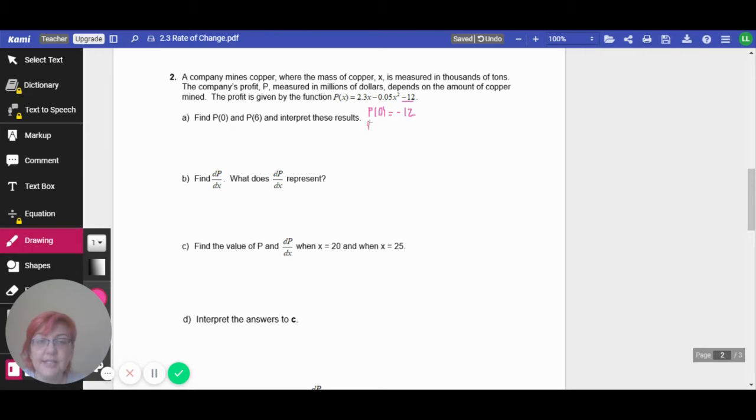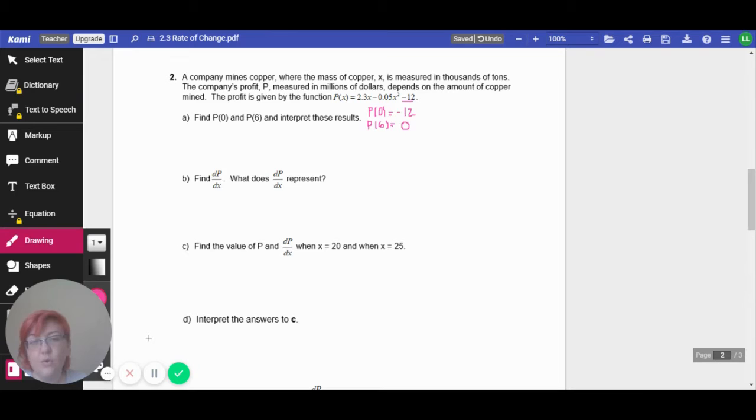Now, for P of 6, I'm going to plug in 6 everywhere that I have an X. So in my calculator, I'm going to type 2.3 times 6 minus 0.05 times 6 squared minus 12. And I find that P of 6 is 0.